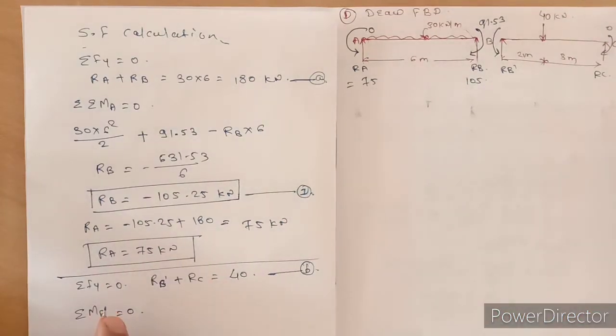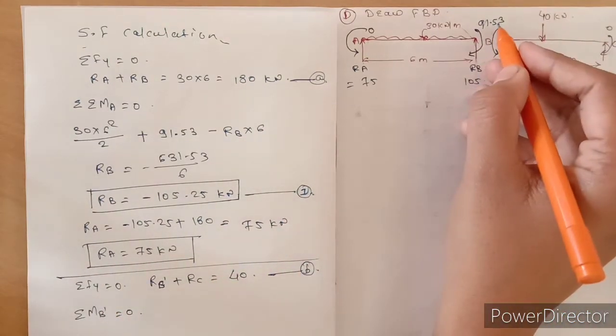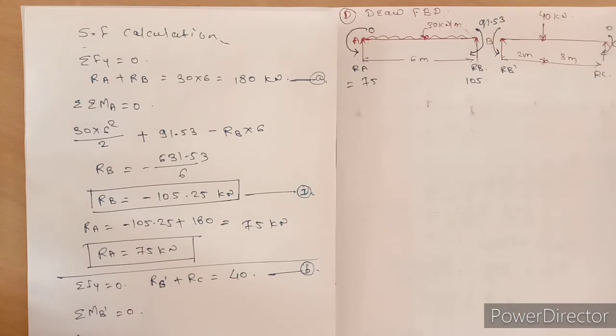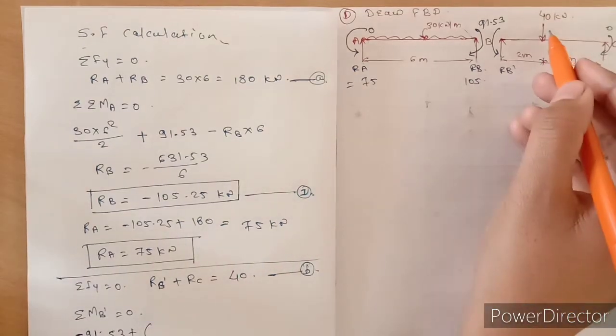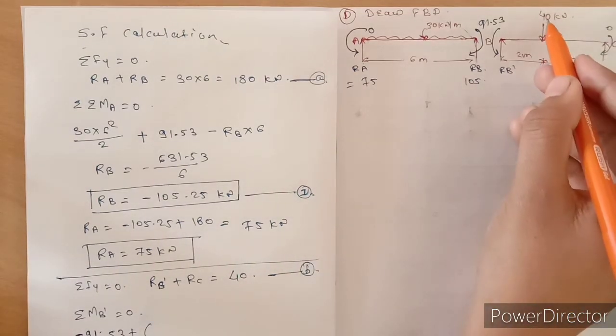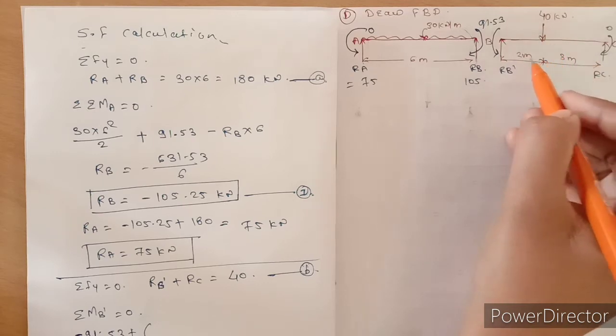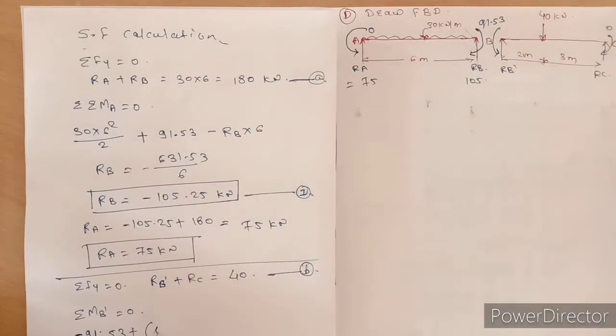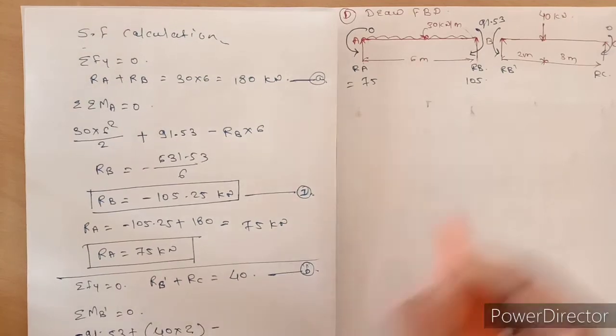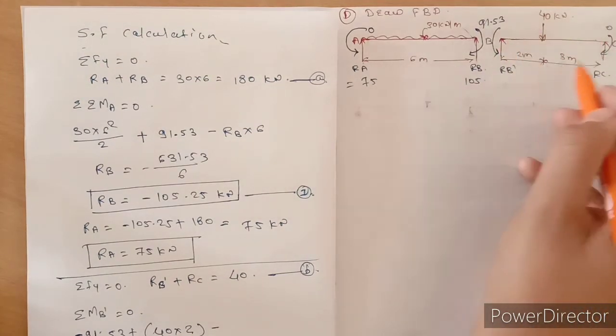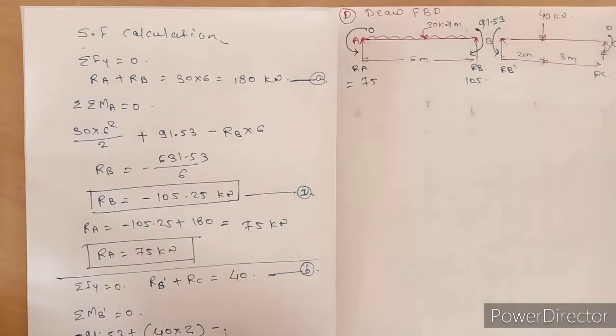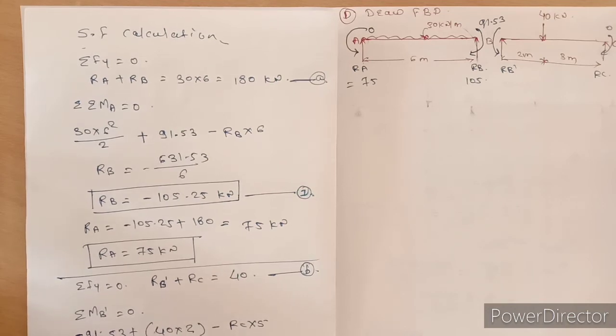So the moment is first this 91.53, anti-clockwise, that's why here we take minus 91.53, plus 40 multiplied by the distance, 2 meter. So 40 multiplied by 2, minus RC into total distance, 3 plus 2 is nothing but 5, RC multiplied by 5. So the answer is RC is equal to minus 2.30.